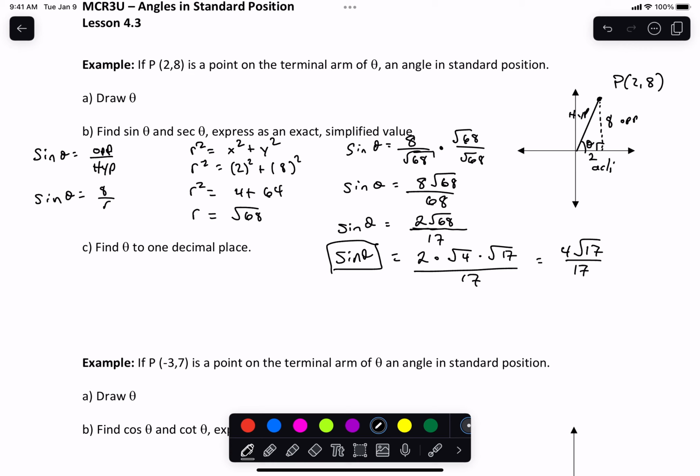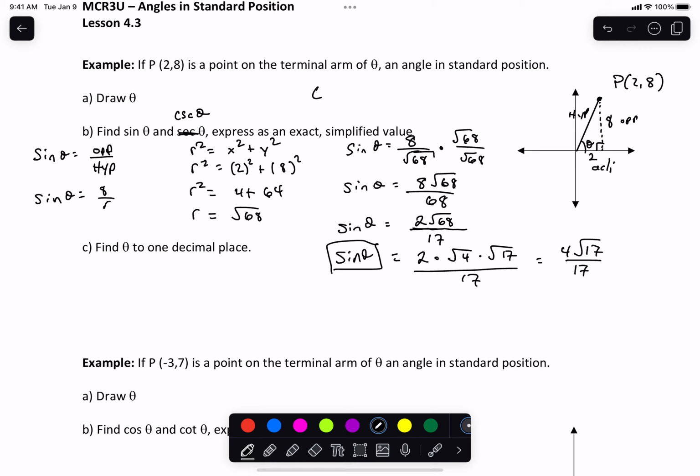This is maybe a poor question. I'm bringing to your attention the fact that secant does not correspond with sine. Secant is the reciprocal trig ratio for cosine. So why don't we tweak this question a little bit and say, I want cosecant theta, just to save ourselves some space because we're out of room.